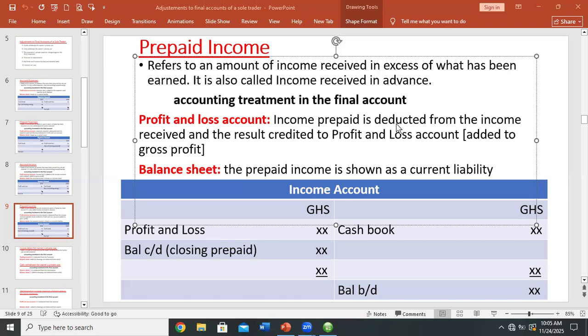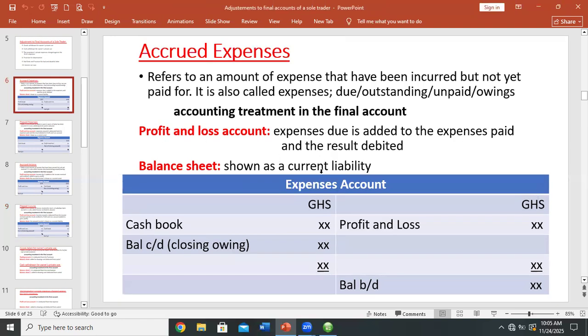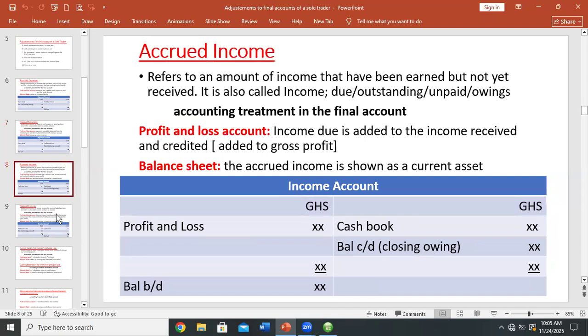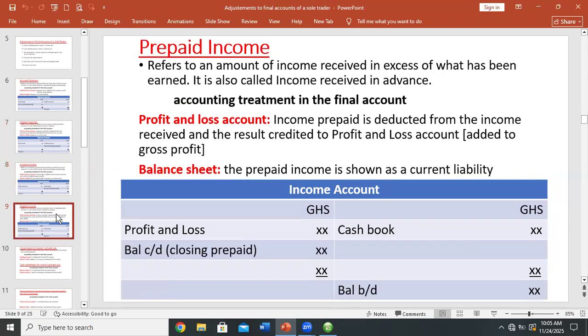But in the balance sheet, they all have their different forms. The accrued expense is a liability, an expense you have not paid. The prepaid expense is a current asset. Accrued income is a current asset, and prepaid income is a current liability.